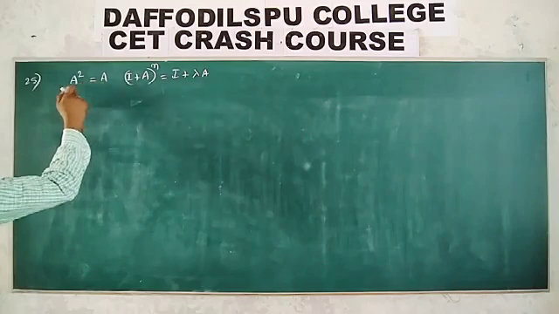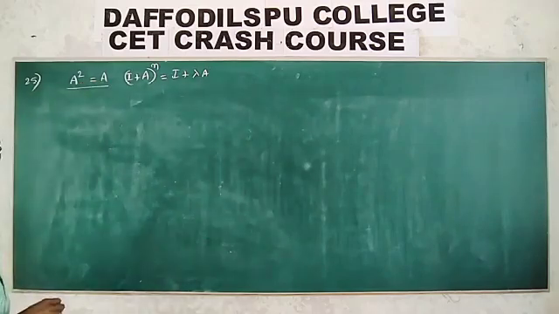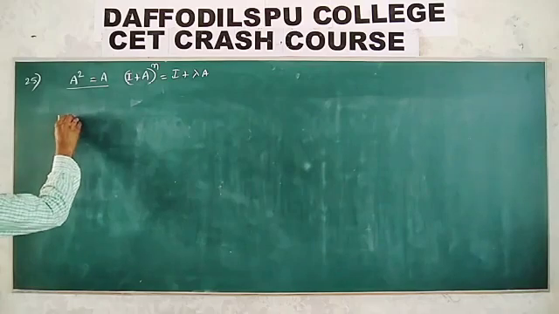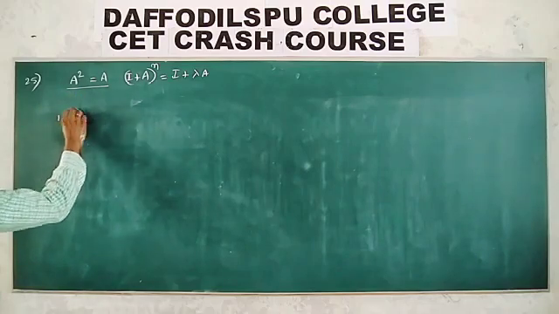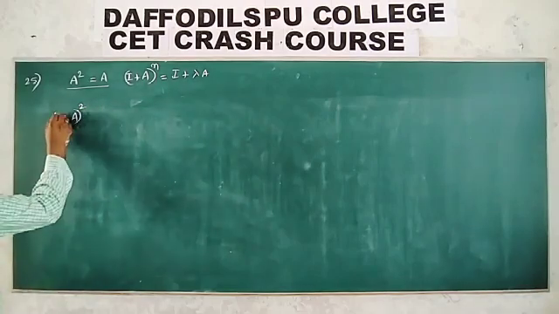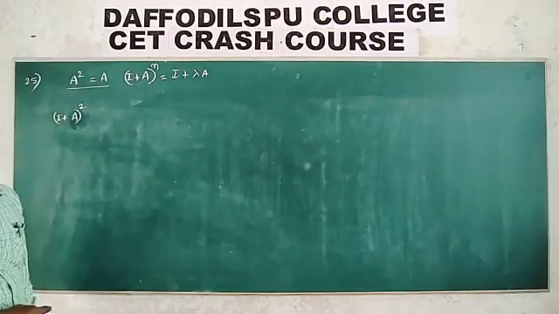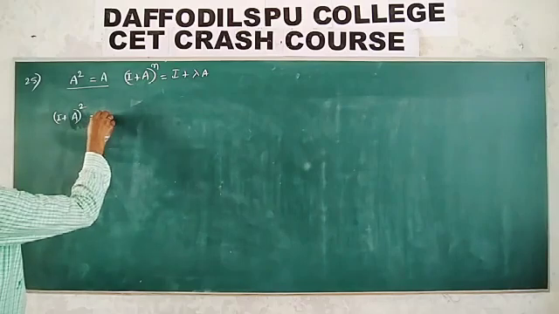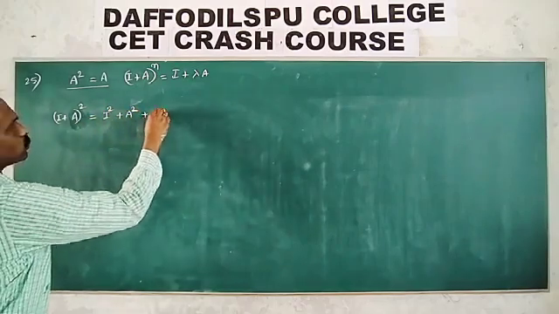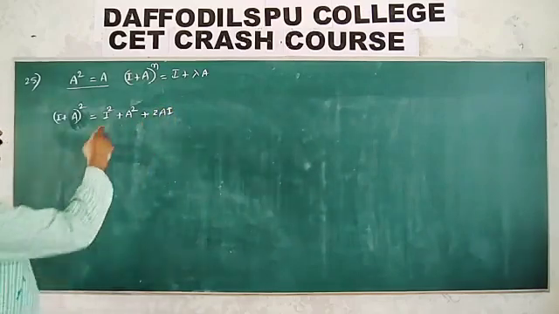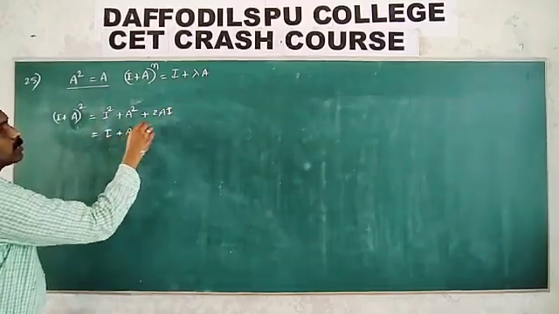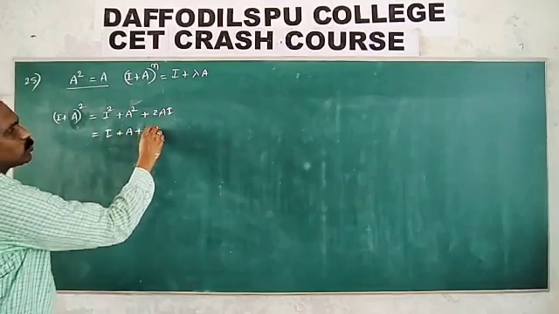Suppose A square is equal to A, use this condition. Like an induction model, if you take (I plus A) whole square, it is equal to I square plus A square plus 2AI. I square value is I, A square value is A, 2AI is 2A.